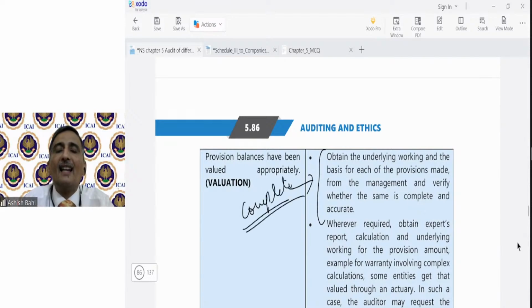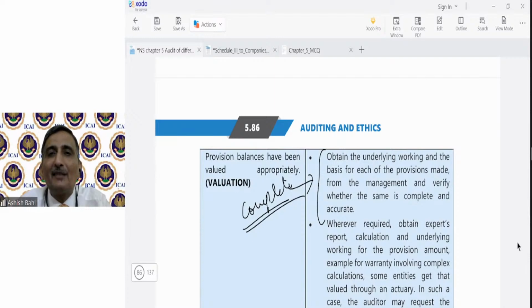Okay. So like in case of provisions pertaining to warranty obligations, the auditor would be seeing what is the basis for arriving at the provision. Okay.